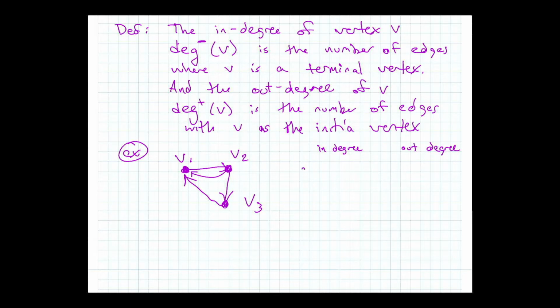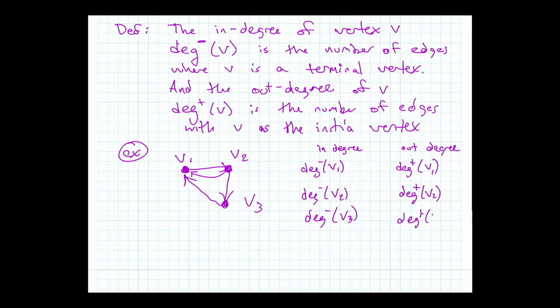So if we do the degree in for V1, degree in for V2, degree in for V3, degree out V1, degree out V2, degree out V3. All right, so we're just counting here again, degrees in and out.